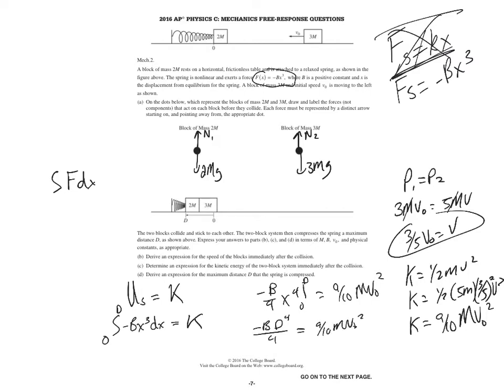Then you're going to multiply up by 4 and divide by b. So if I multiply up by 4 and divide by b, I end up with 36 over 10, which reduces to 18 over 5 m v naught squared, and then divided by b. Let's put the 5 on the bottom so it looks a little bit neater: 18 m v naught squared over 5b equals d to the 4th.